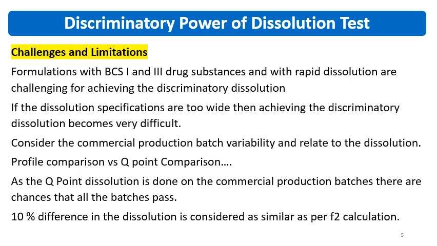So that time give the tight specifications to the formulation based on the bioequivalence batches, and then you can prove the discriminatory power of your dissolution method. 10% difference in the dissolution is considered as similar as per F2 calculations. So if you get the dissolution with difference in 10%, then it is difficult to show the discriminatory power.